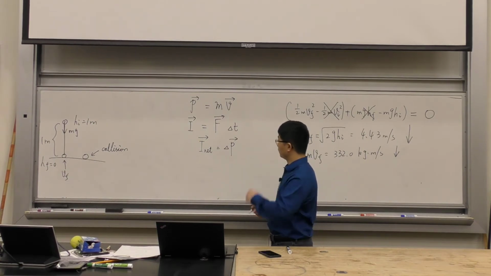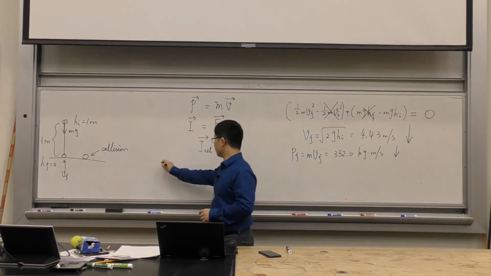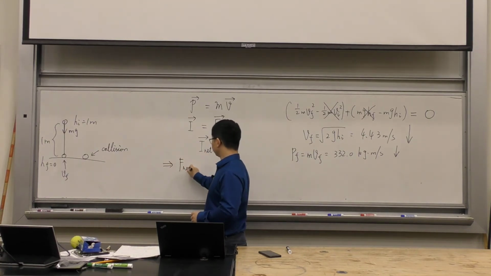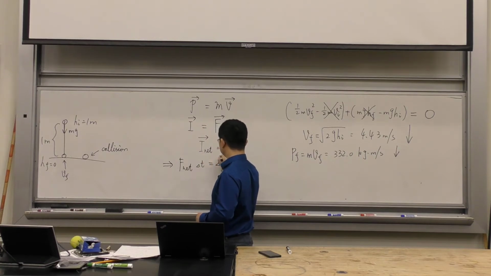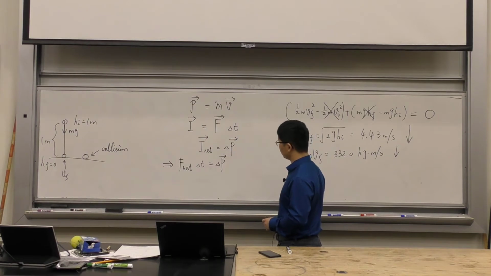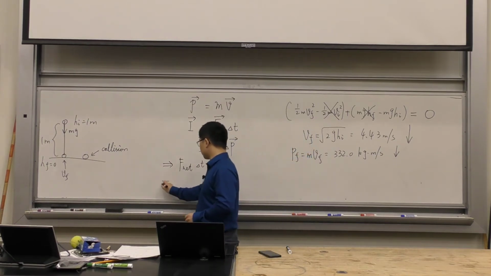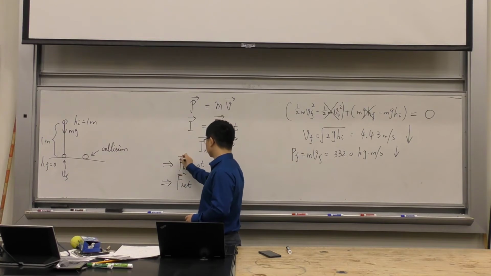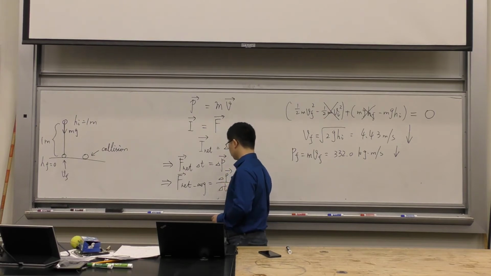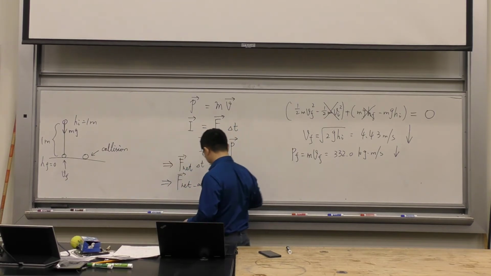Okay, so again, what we do is this, right? We rearrange this equation. This is what we have, right? If you use the definition of the impulse, and then divide both sides by the time, you will get the average net force on the person or on this object.